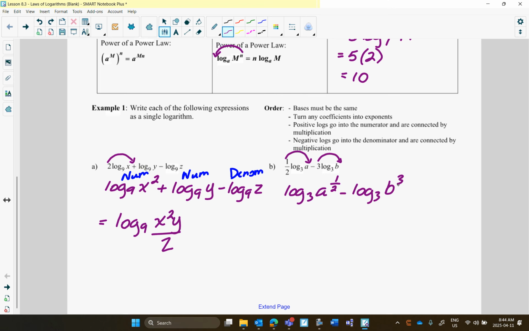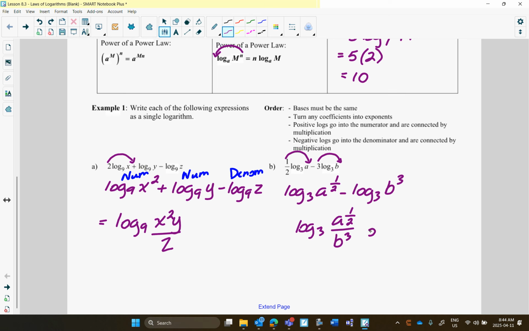How do I write that as a single log? Division. So log base 3, notice, just like with exponent laws, the base stays the same. So we can only combine them if all the bases are the same. So it becomes a to the 1/2 divided by b to the 3rd.